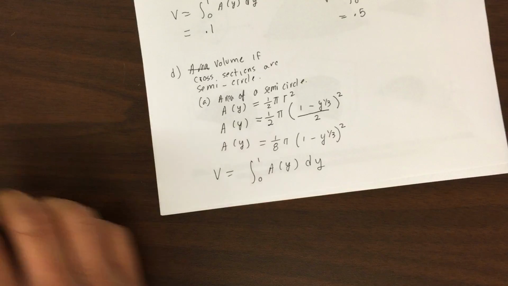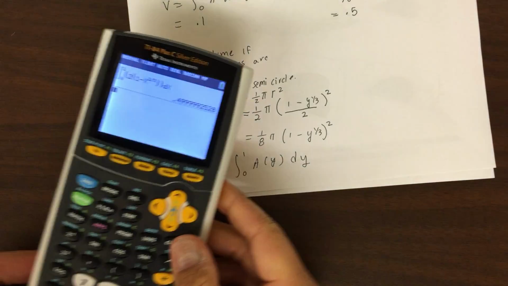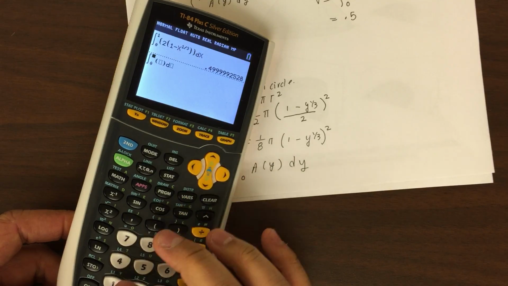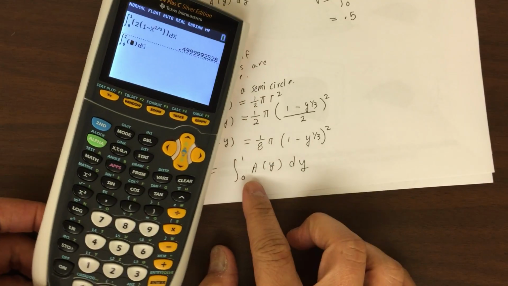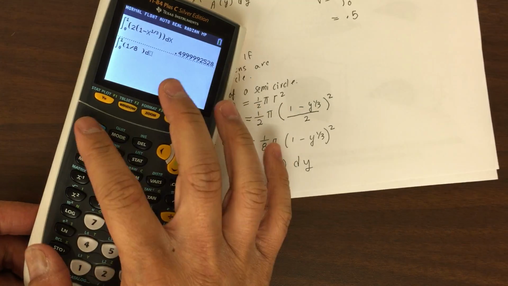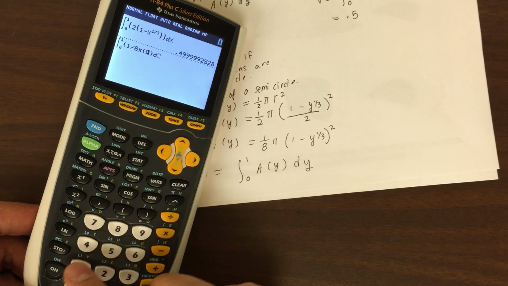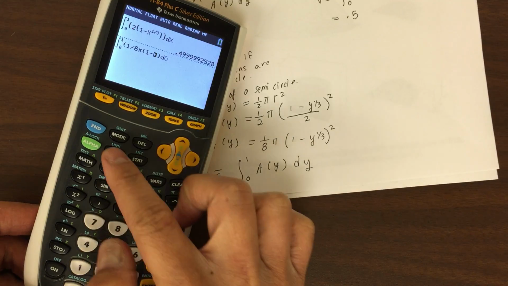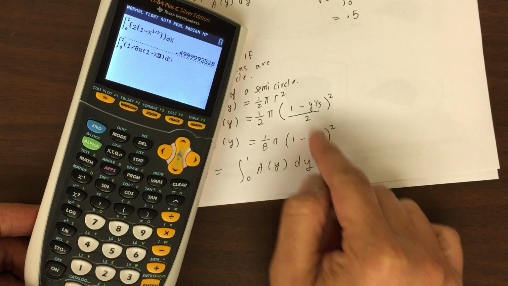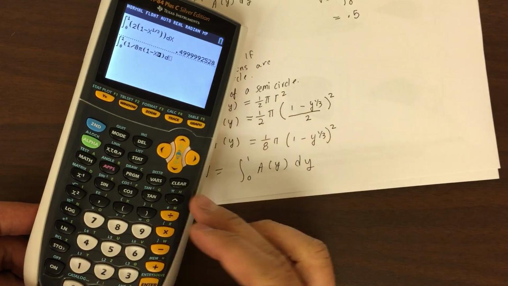Okay, fine. So we wrote down the formula for the volume. We go ahead and integrate, math 9 from 0 to 1. Type that in. 1 over 8, oh, don't forget the pi. Okay, 1 minus x. By the way, the letter y is there, but we're using x because the calculator doesn't have the letter y.